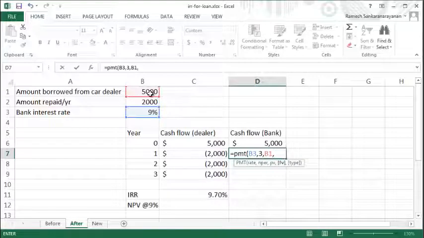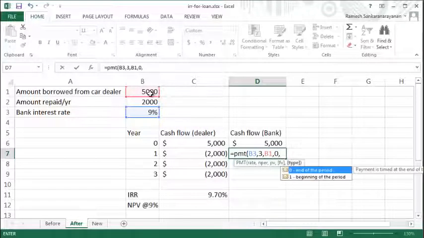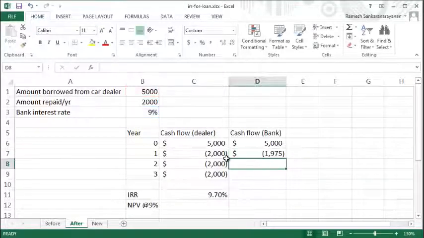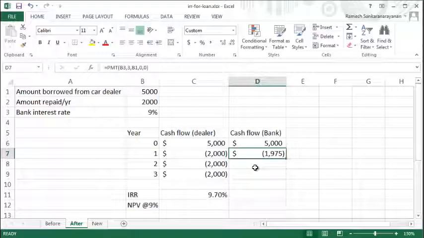The future value is 0 because you intend to repay the full amount. And for the type, we want to say 0 because you repay these dollar amounts at the end of each year instead of at the beginning. So I'll put 0 again and complete the parenthesis. So you will be repaying $1,975 every year if you were to borrow at 9%.